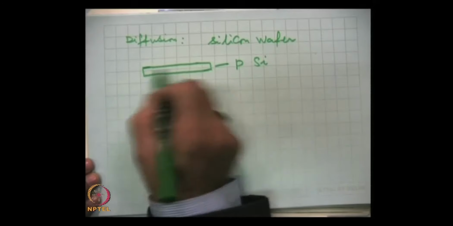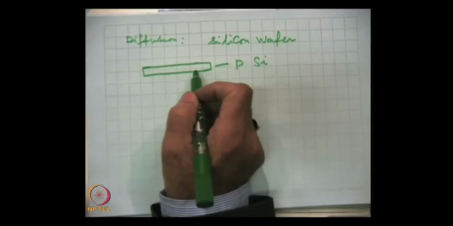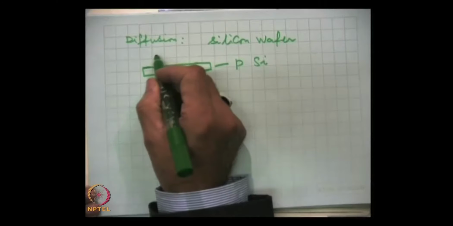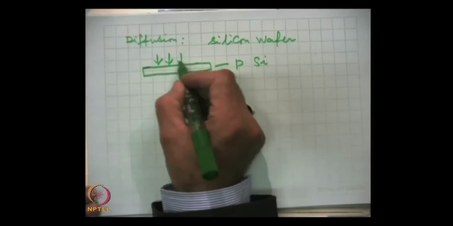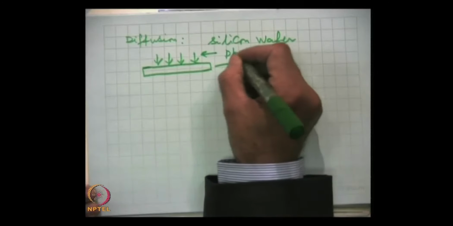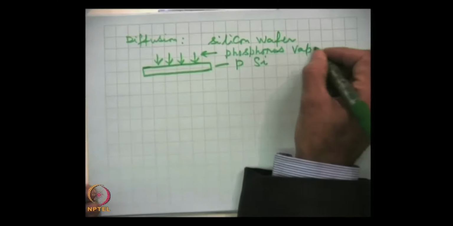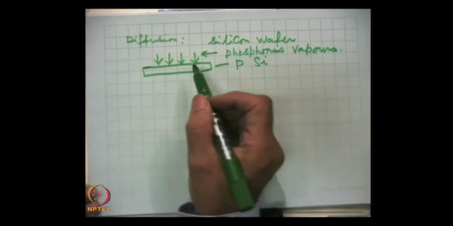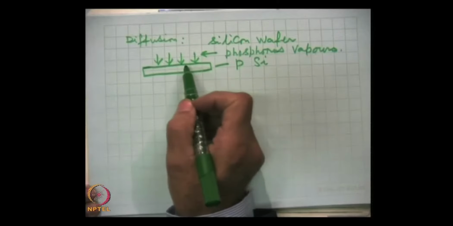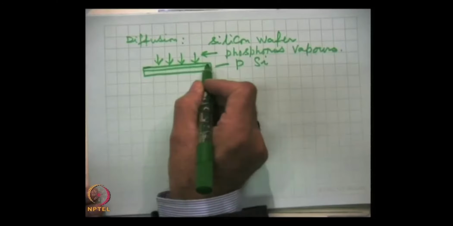Then this is put in a furnace, temperature is raised to above 500 degrees, but much less than the melting point of silicon, and then this is exposed to pentavalent vapors. This may be for example, phosphorus vapors. So, diffusion of this phosphorus will occur and this will make N type silicon here.